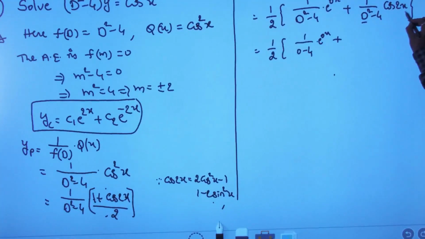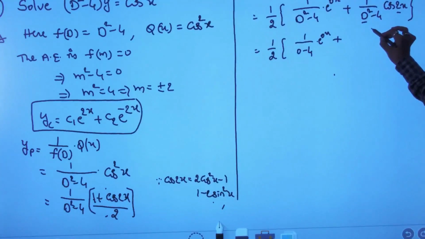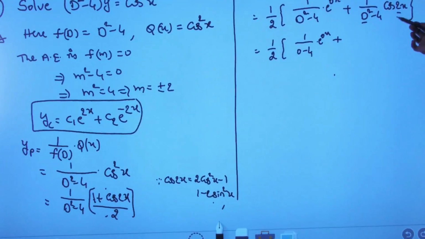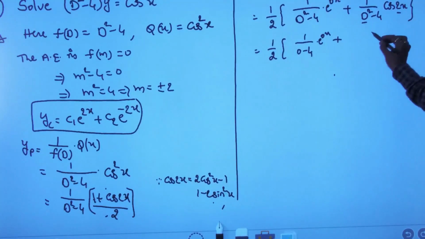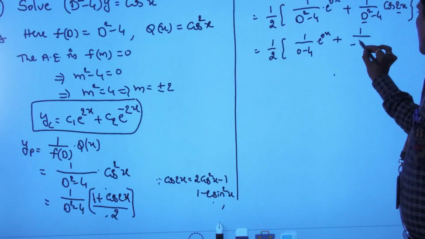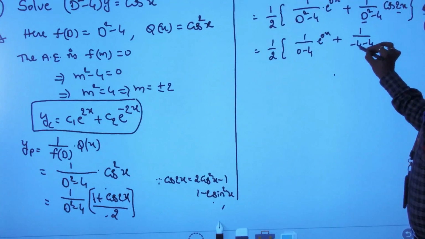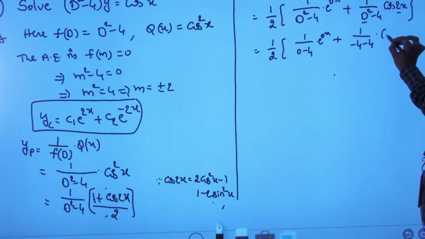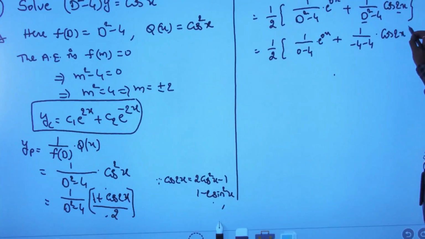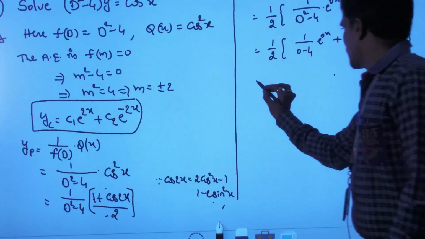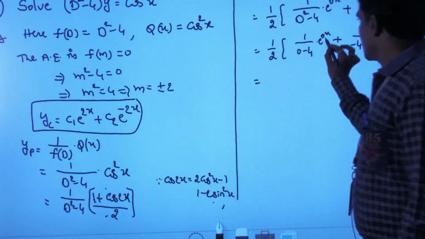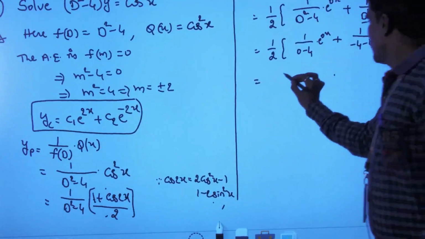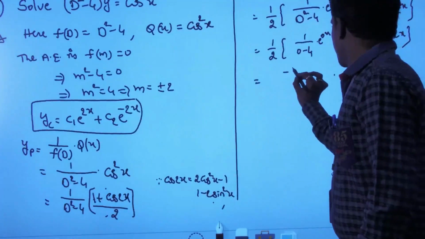What is a here? a is 2. That's why we replace d square with minus 4, giving 1 by minus 4 minus 4 into cos 2x.